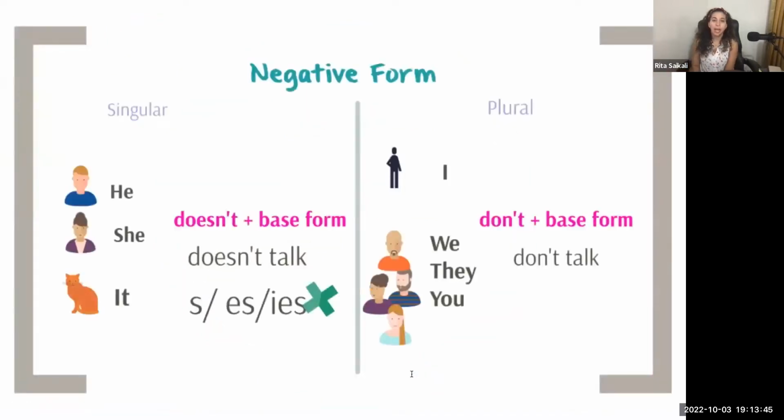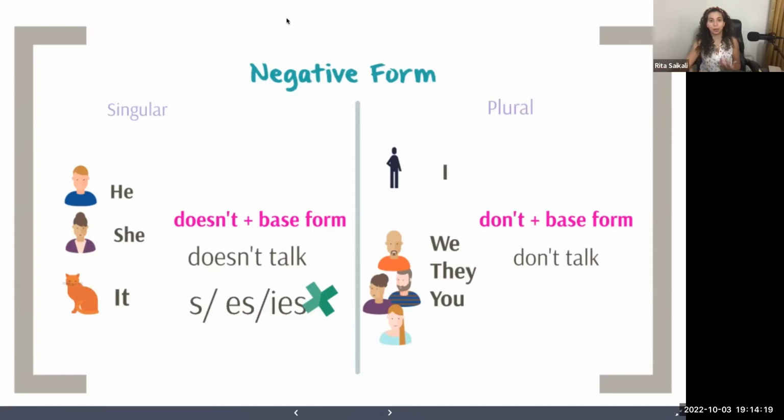Cool? And what we do is that instead of conjugating the verb in third person singular and adding an s, we just leave the verb in its base form. So we don't do anything to it when there's a negative. So the formula is does not or doesn't plus the base form of the verb. Okay? So if we say he doesn't talk, the positive or the affirmative would be he talks, right?